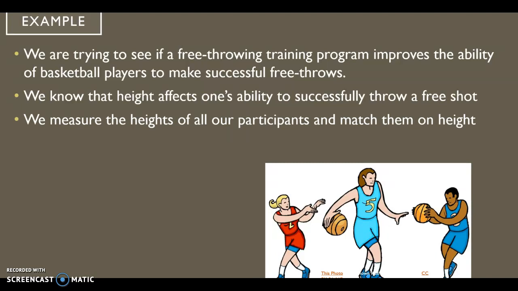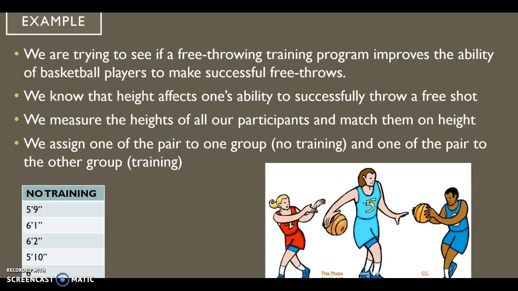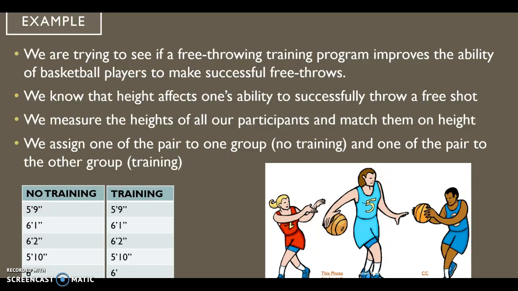So what we basically do is going to measure the heights of all of our participants and then match them on height. We're going to say, okay, here's one person who is a certain height, 5'9", and another person who is that same height, 5'9". We're going to put one of those people that's 5'9" in the no training group and that person's partner, that matched pair, in the other group, the training group.